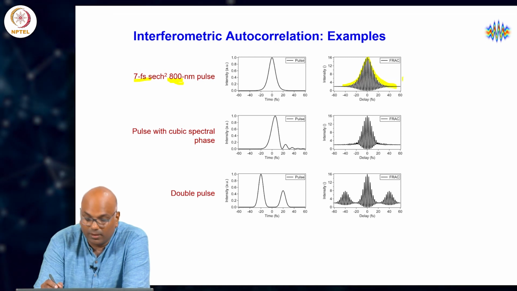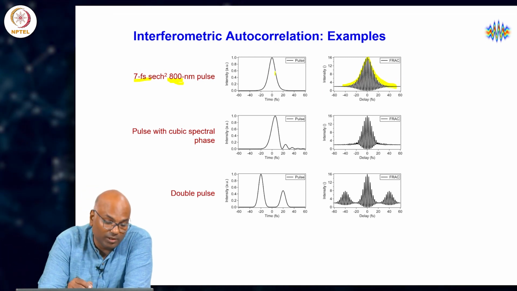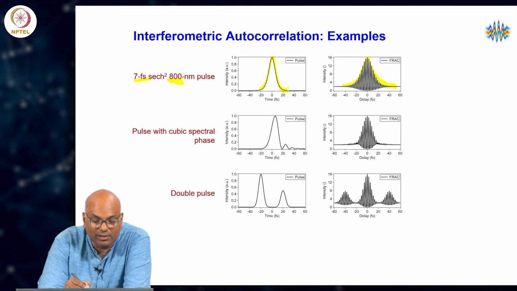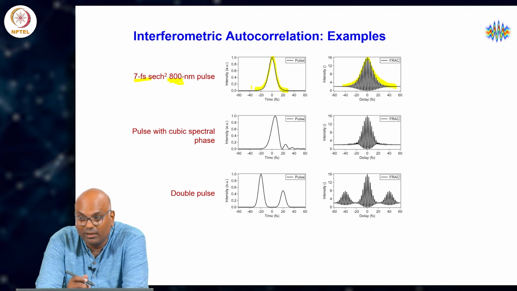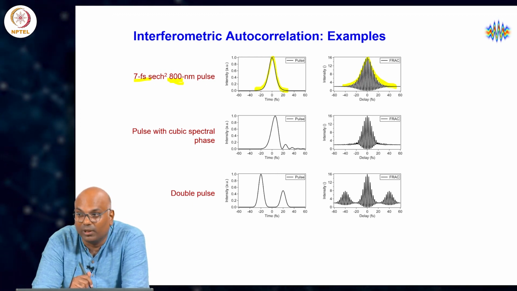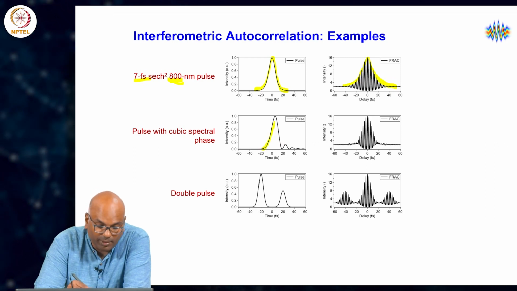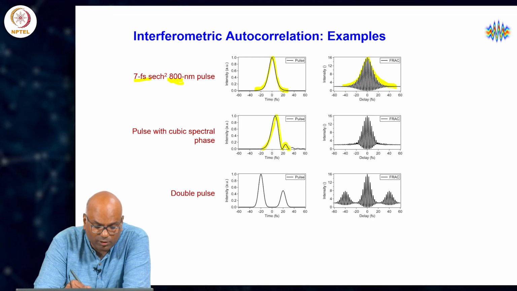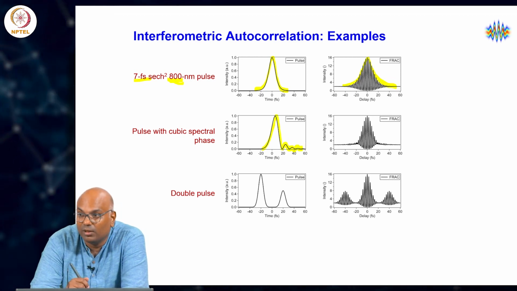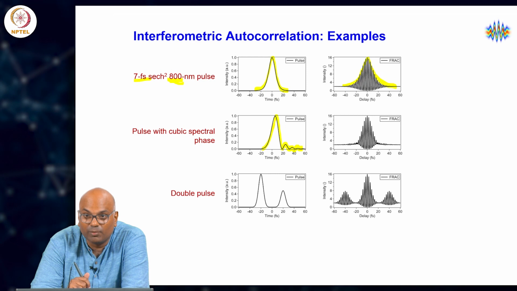Now, consider, are all lasers going to emit such nice, noiseless, ideal, clean femtosecond pulses? No, they are not. There is going to be the pulse itself. There could also be some satellite pulses owing to various reasons of how these pulses are produced by lasers.